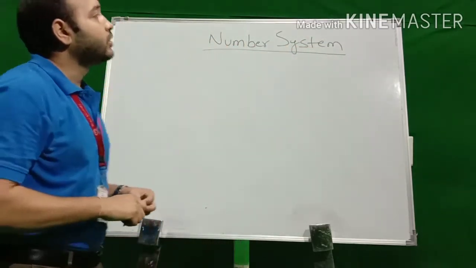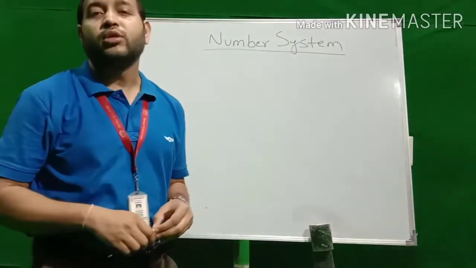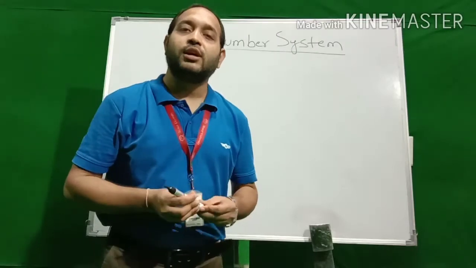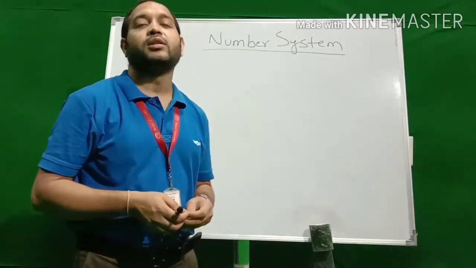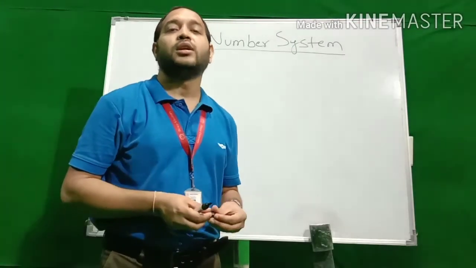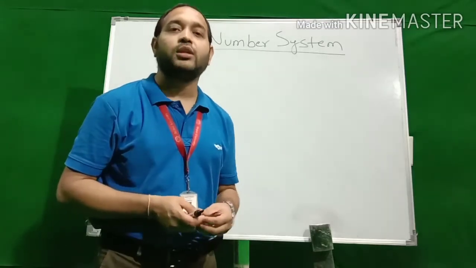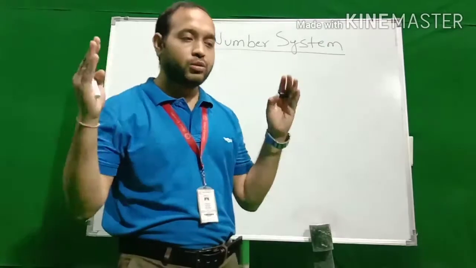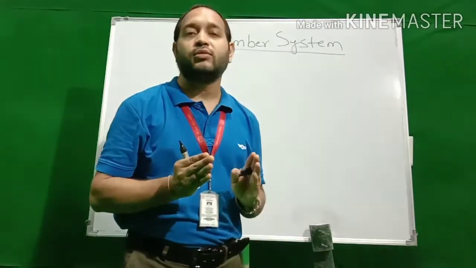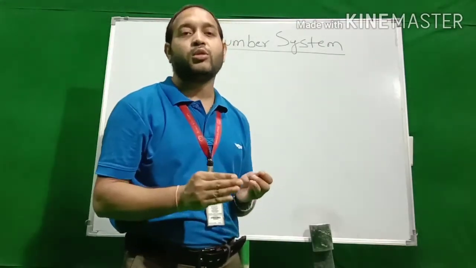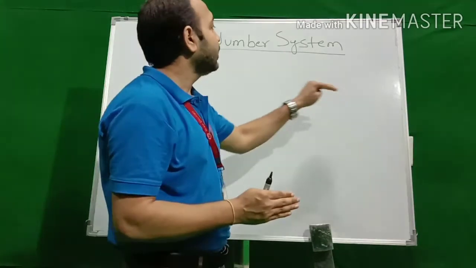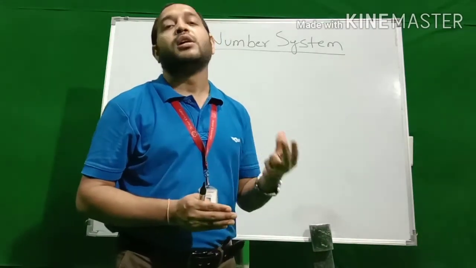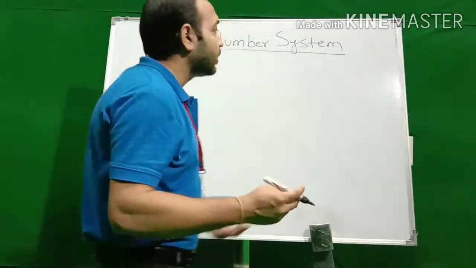In number system, generally we will discuss four number systems that you know already: the decimal number system, then the binary number system, then the octal number system, and then the hexadecimal number system. If we do the comparative analysis starting from the basics, it will be easy to understand and remember.